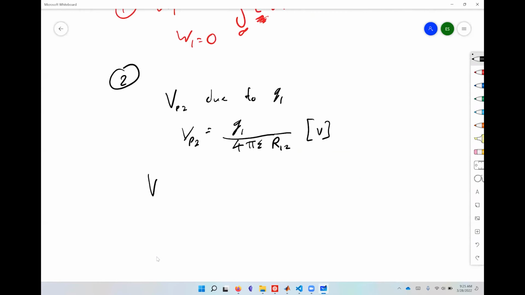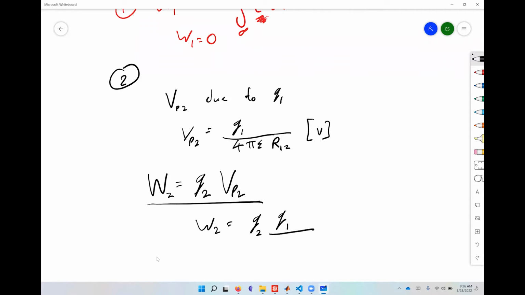So the energy to move Q2 into P2 is the charge Q2 times the voltage at P2 due to Q1. This is going to be W2, the energy required to move charge 2. So W2 equals Q2 Q1 over 4 pi epsilon R1,2.